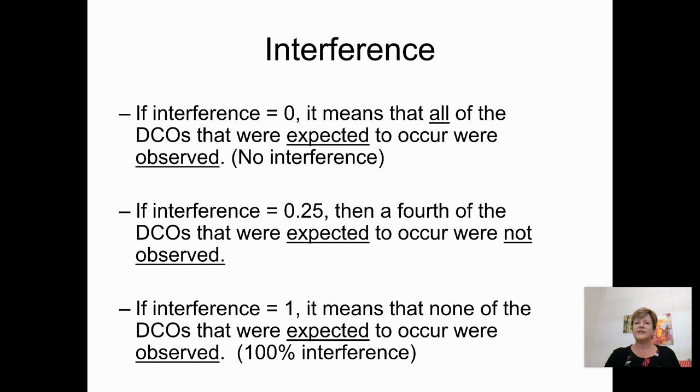It's very unlikely to get interference of 0 or interference of 1, but those are theoretical boundaries on what the value should be. So in this case, ours was close to 0.25. It means that a fourth of the DCOs that we should have expected in our data were not observed because something interfered with them forming.